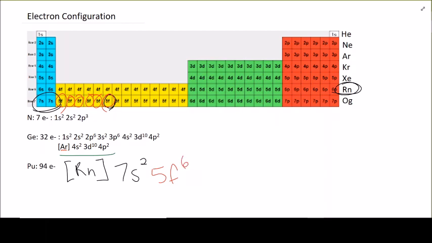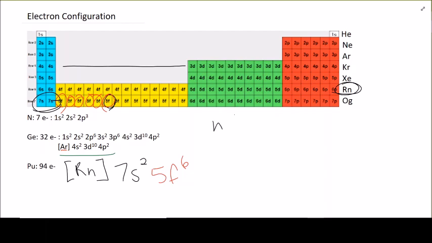Notice that although the 3d orbital is in the 4th row of the periodic table, it is a 3 and not a 4. The same applies for the f, where although the 5f orbital is in the 7th row, it's a 5, not a 7.